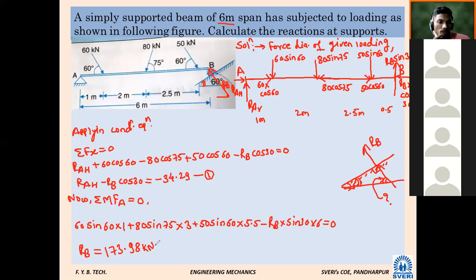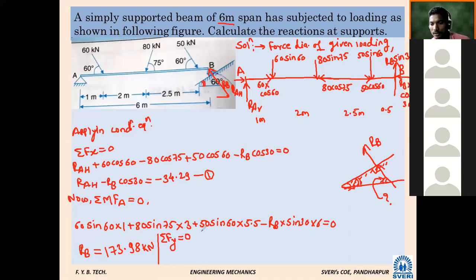So for RAV, we should go for summation FY. We have to apply summation of FY to find RAV. Have you got this value of RB? Yes, sir.